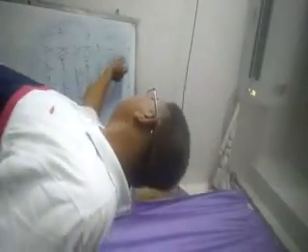Here we have present simple tense, and the sentence pattern of this tense is subject plus V1 or V5 plus object. On the basis of this structure, I take an example: Ram sings a song. In this sentence, Ram is the subject, sings is V5, and a song is the object.